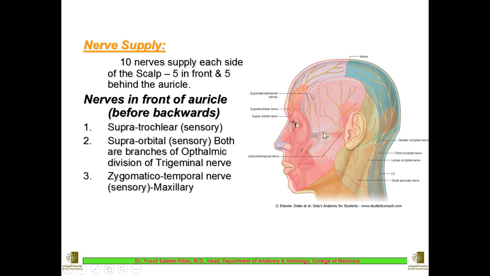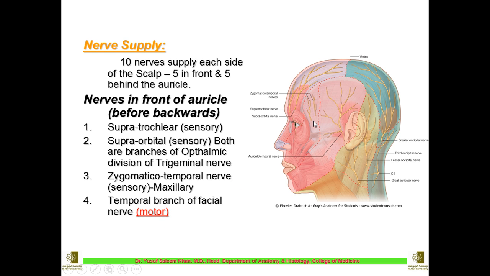This area of the skin of the face and scalp is supplied by the maxillary, and the part behind is supplied by the mandibular division of the trigeminal nerve. Trigeminal nerve, as the name indicates, has 3 divisions: ophthalmic, maxillary and mandibular. So the first 2 are branches of the ophthalmic division, supratrochlear and supraorbital. The third nerve, zygomatico-temporal, is a branch from the maxillary.